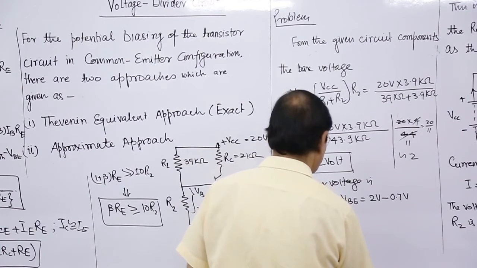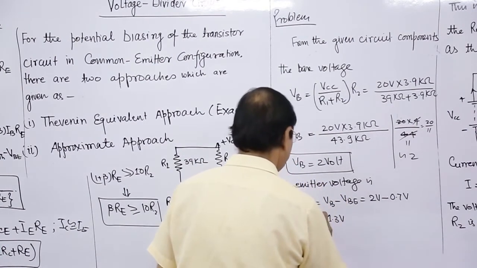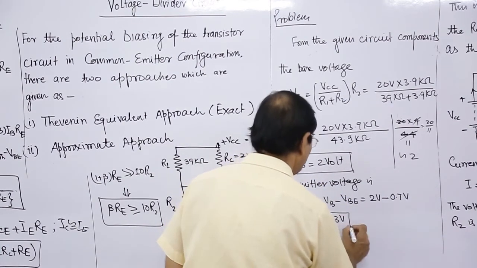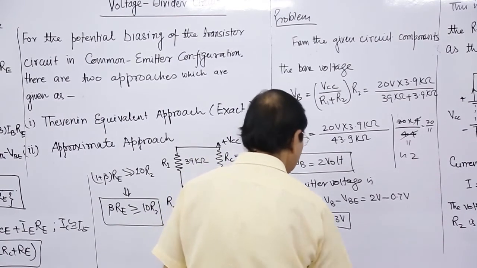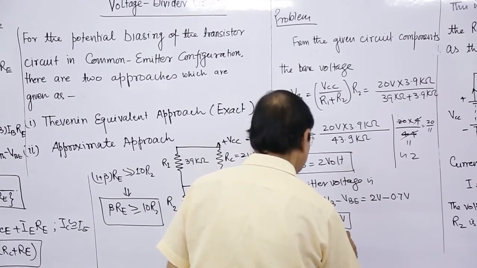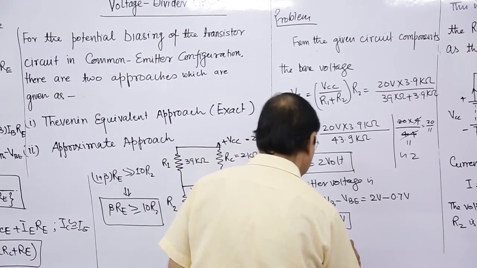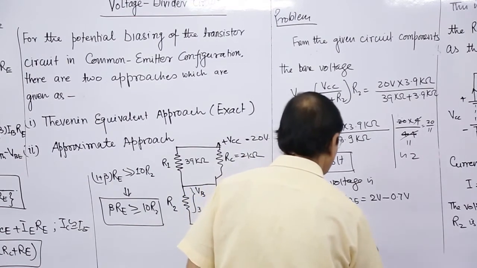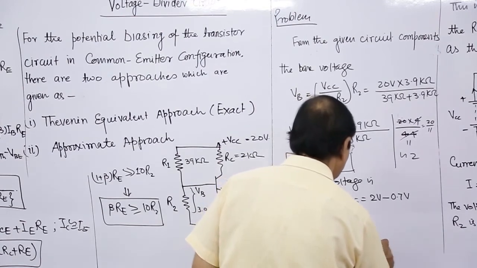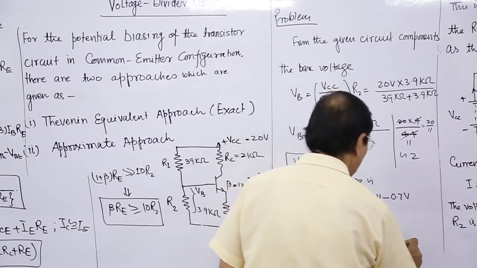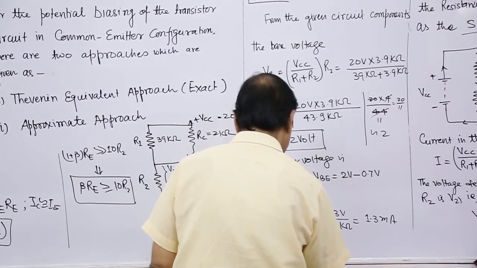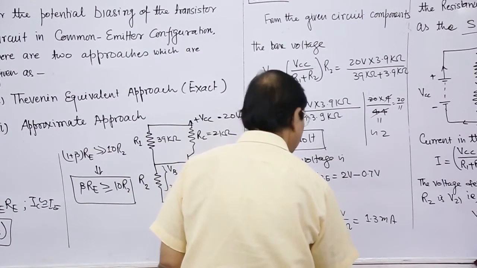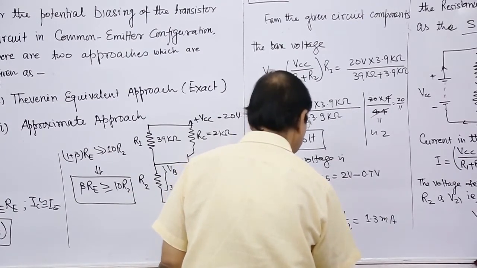So VE is 1.3 volt, and IE is VE upon RE, that is 1.3 volt upon 1 kilo ohm, that is 1.3 milliampere. This IE is equal to 1.3 milliampere.